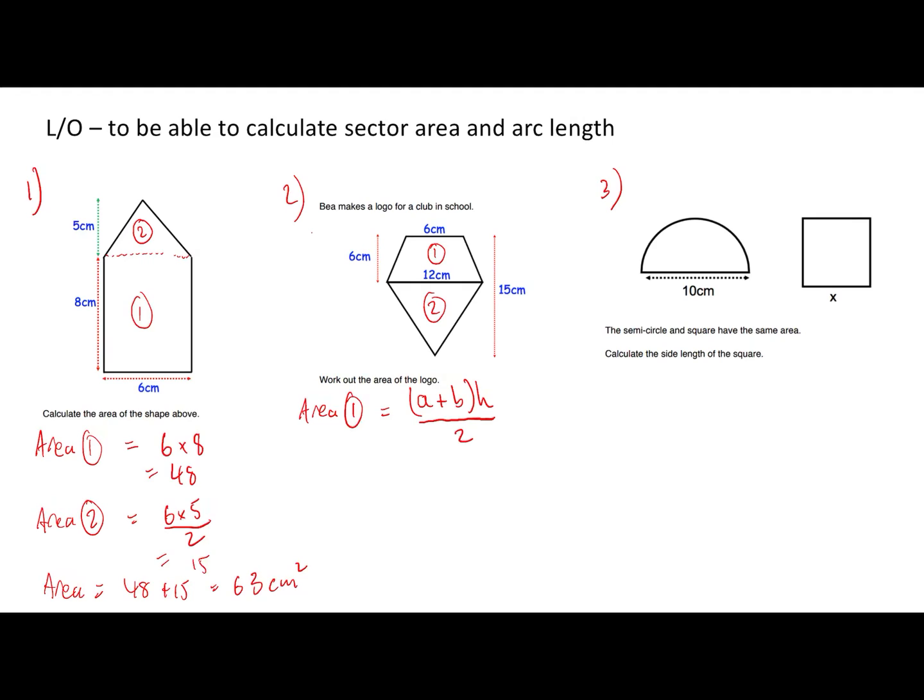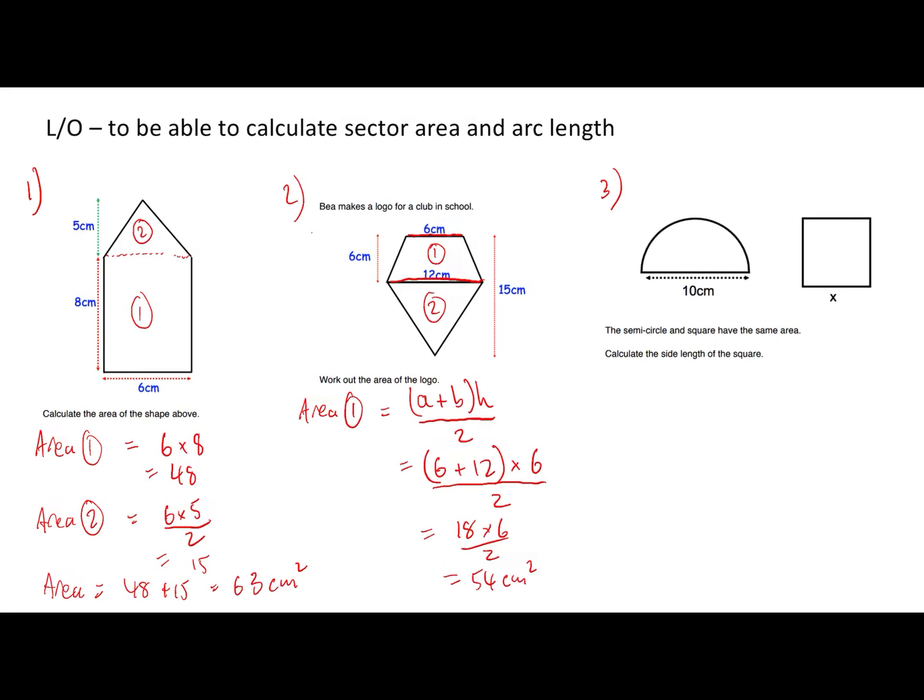What makes a trapezium is that it has one pair of parallel sides. So we add together the two parallel sides, which is this length and this length. After doing that, we then times that by the perpendicular height of the trapezium, which is 6, and then we divide by 2. So that becomes 18 times 6 over 2, which is 54 centimetres squared.